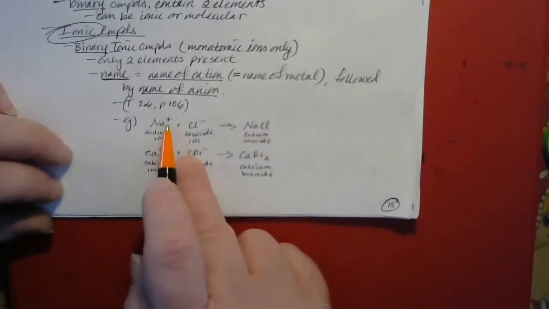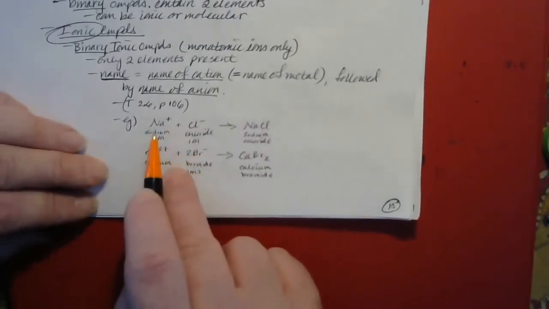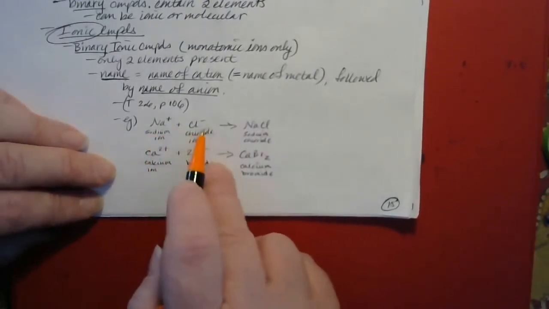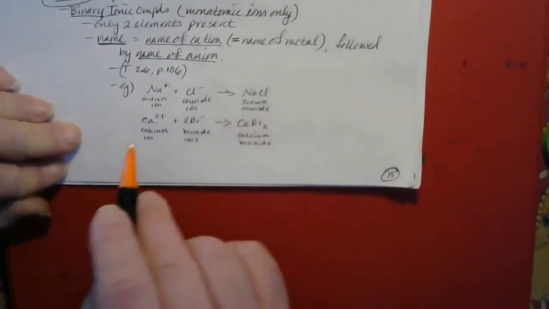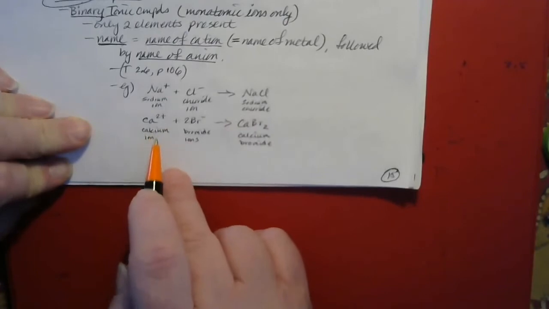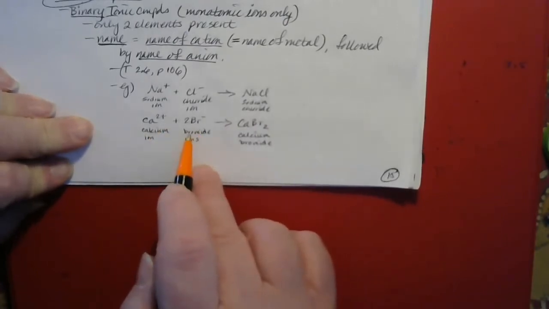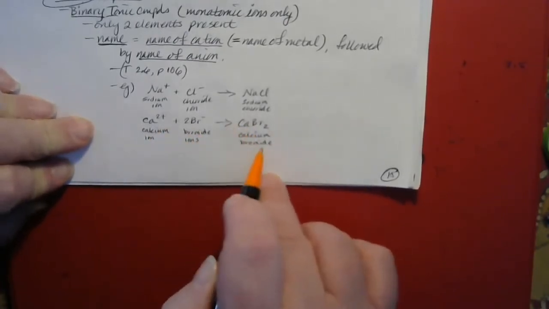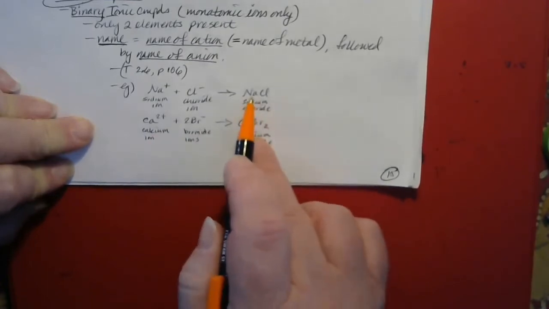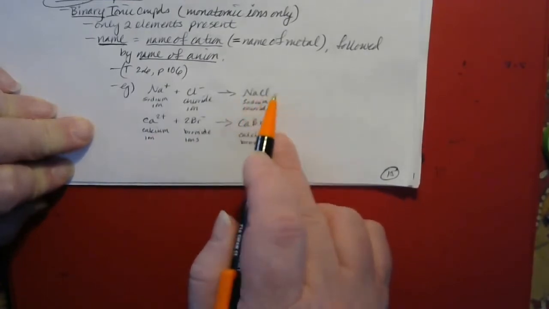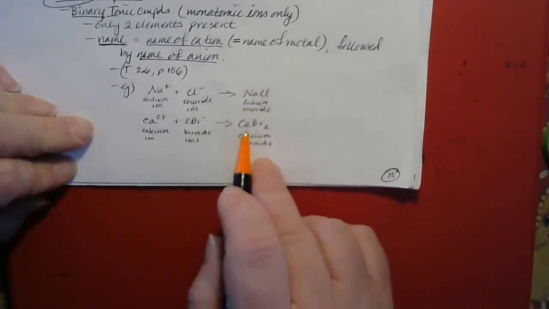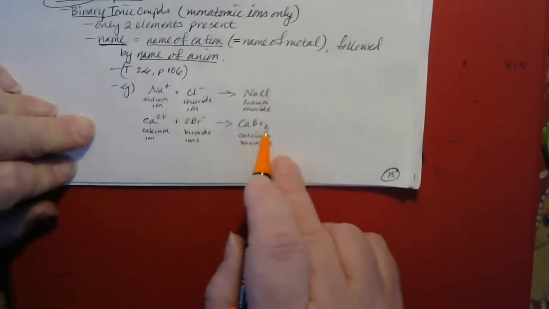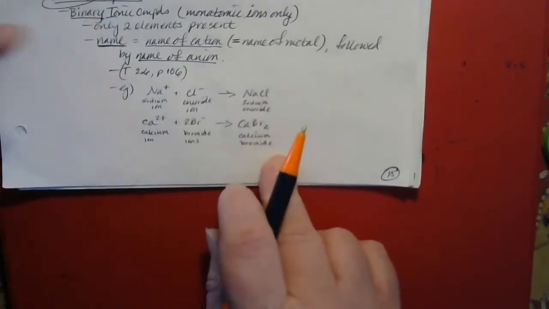If you have the binary ionic compound made up of sodium ions and chloride ions, then that would be known as sodium chloride. If you have the binary ionic compound made up of calcium ions and bromide ions, that would be calcium bromide. And the fact that NaCl has only one ion of the cation and anion, and the fact that calcium bromide is CaBr2, is really beside the point.